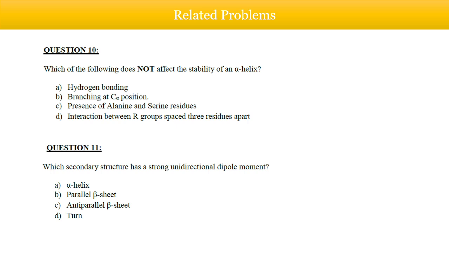Which of the following does not affect the stability of alpha helix? Hydrogen bonding, branching at C alpha position, presence of alanine and serine residues, interaction between R groups spaced 3 residues apart.